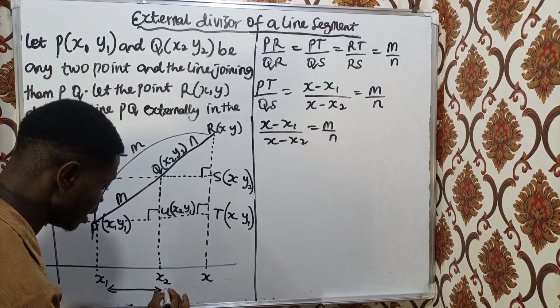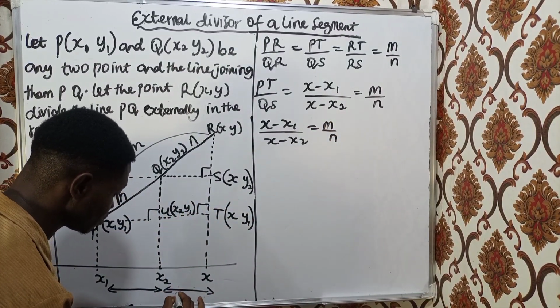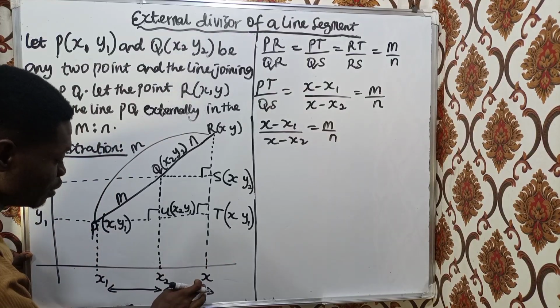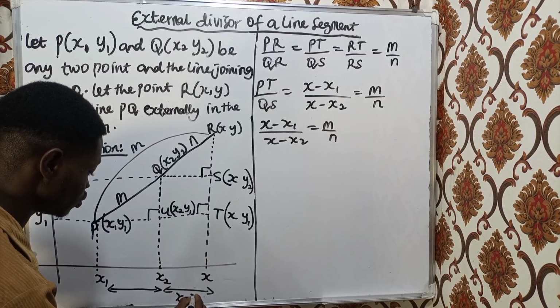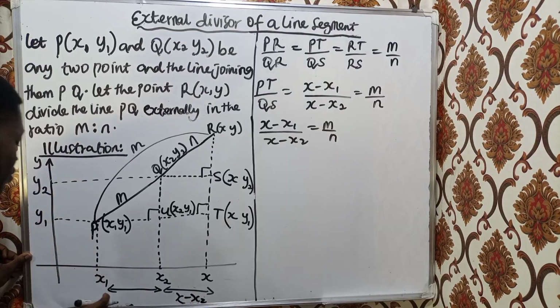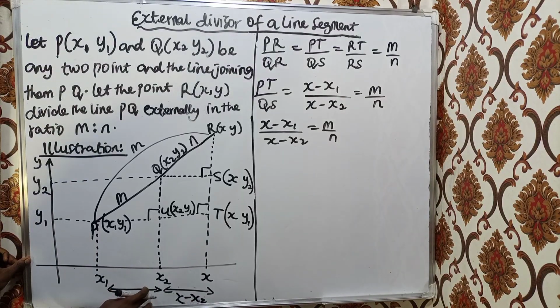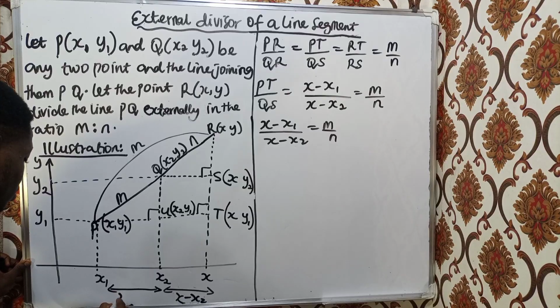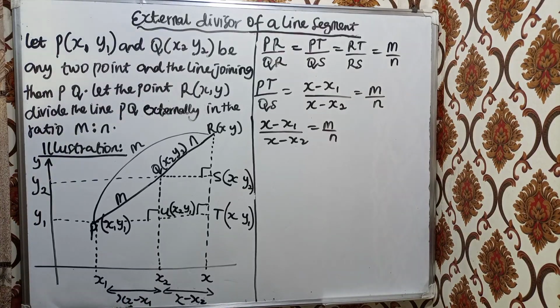So we can label here: this whole place will be x, and finding here will be x minus x2, and finding here will be x2 minus x1.